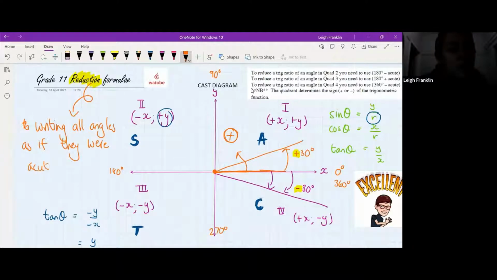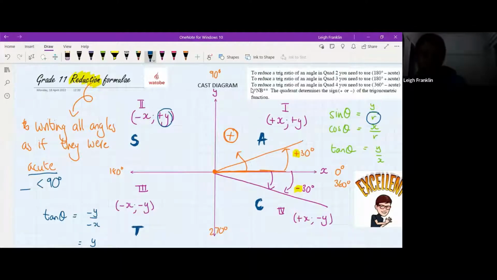Acute angles means that they are smaller than 90 degrees. So in other words, we're taking stuff and writing it in terms of the first quadrant and not in terms of the other 3 quadrants.